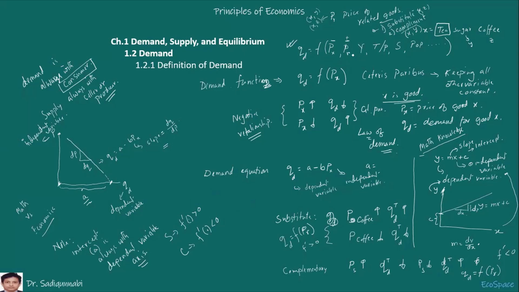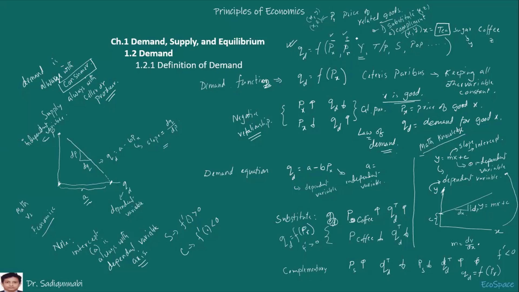Now apply your intuition. What about if income increases? What about the demand? Is it positively or negatively related? So we have done PX and PY. What about Y? Is it positively or negatively related to QD?